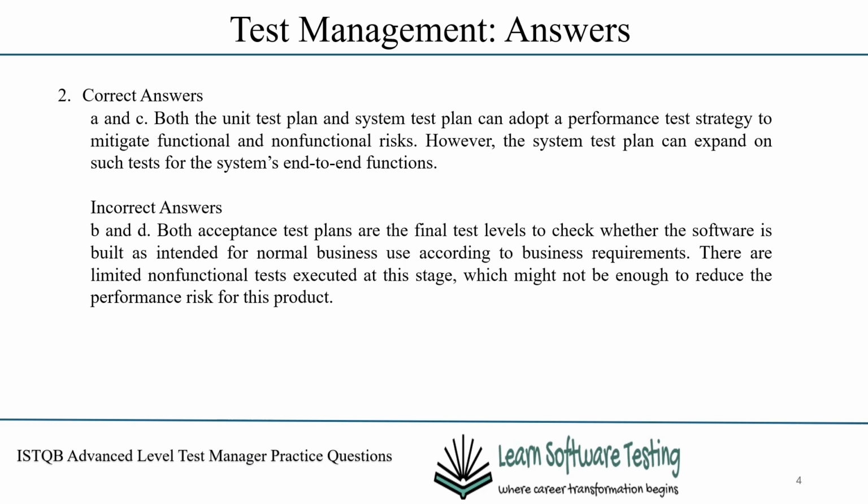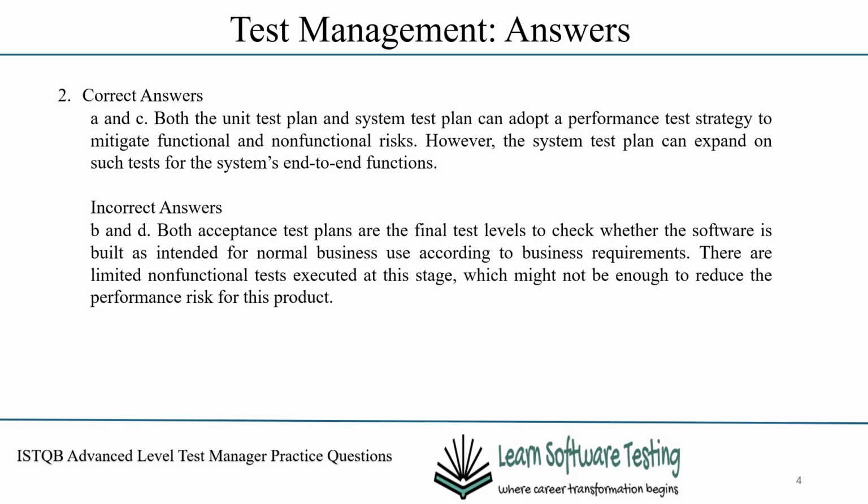Both the unit test plan and system test plan can adopt a performance test strategy to mitigate functional and non-functional risks. However, the system test plan can expand on such tests for the system's end-to-end functions.